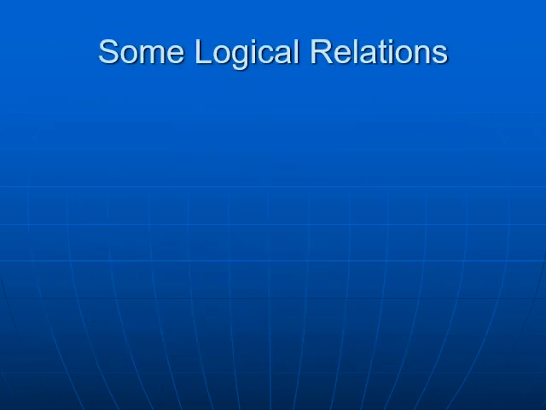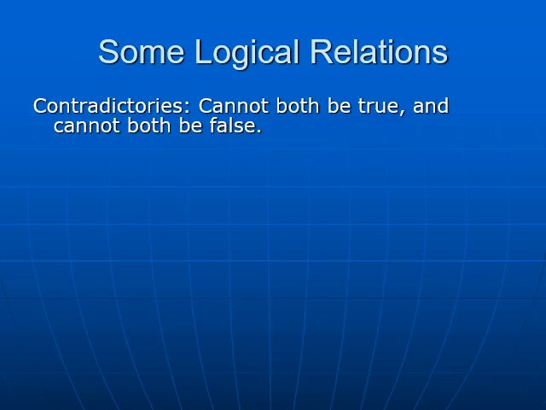Now that we have this notion of corresponding statements for A, E, I, and O statements, we can look at some logical relations. I'm going to focus on 3 of them. First, I'm going to give you a definition of the logical relation, and then we'll fill in with some examples. First, contradictory statements. 2 contradictory statements cannot both be true, but they also cannot both be false.